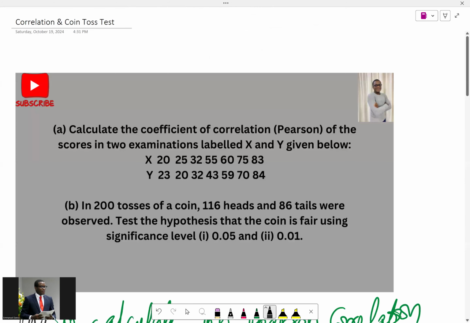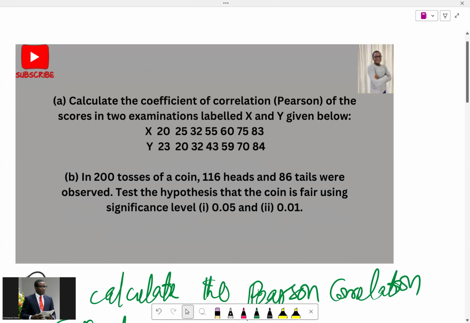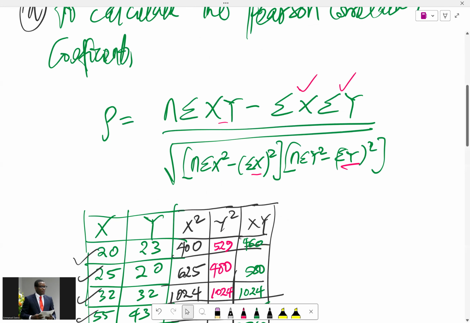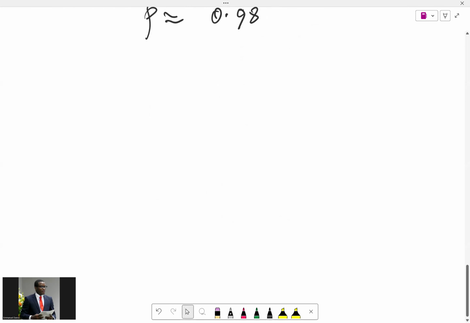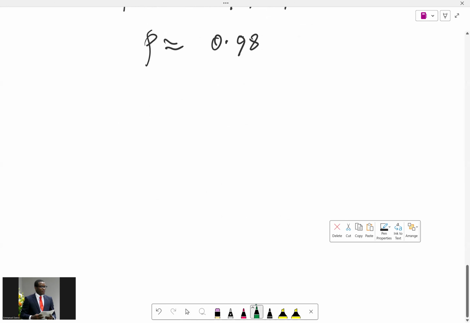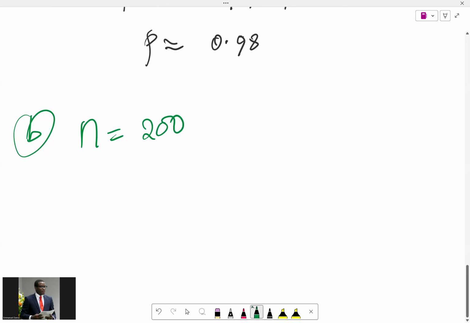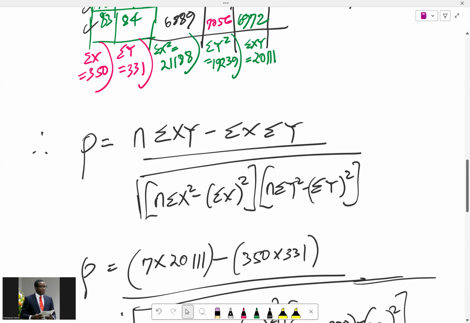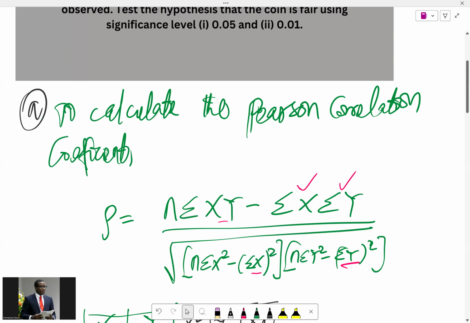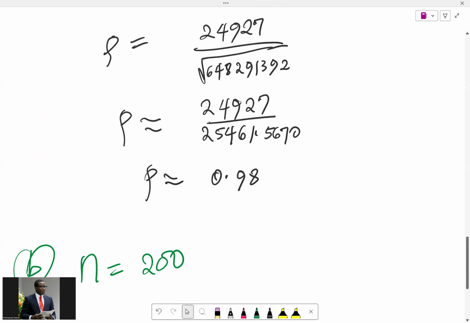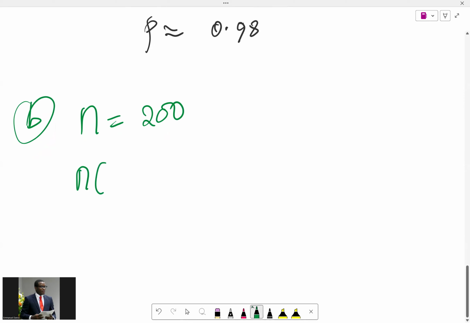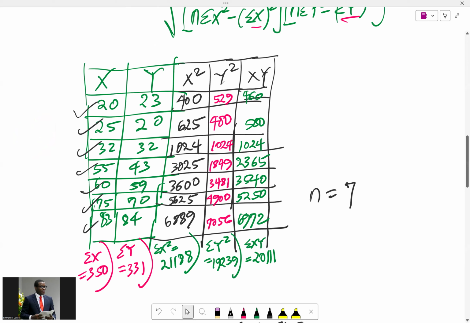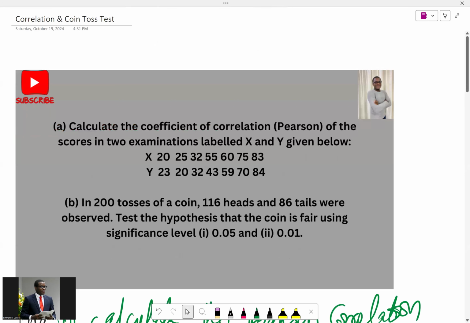So that ends question 1. Question 2: in 200 tosses of a coin, the number of tosses is 200. Then what do we have? We have 116 heads and 86 tails.